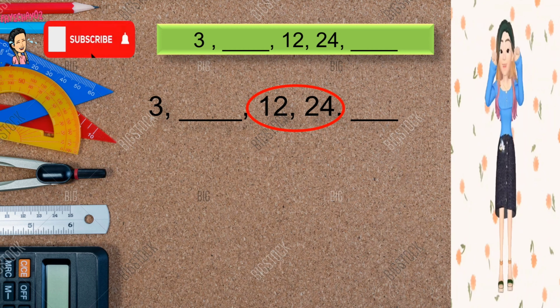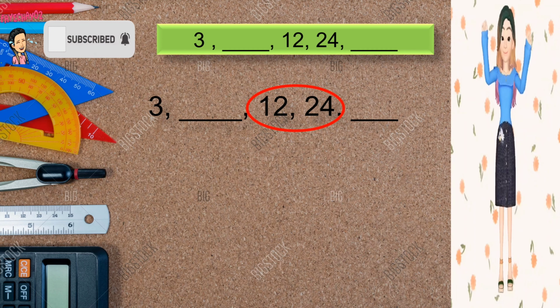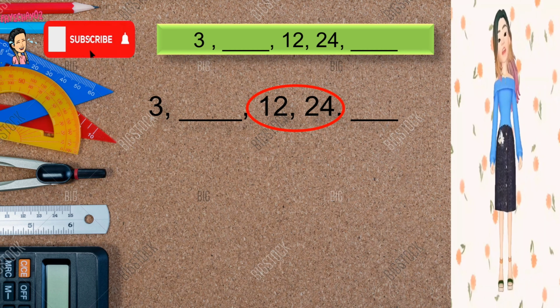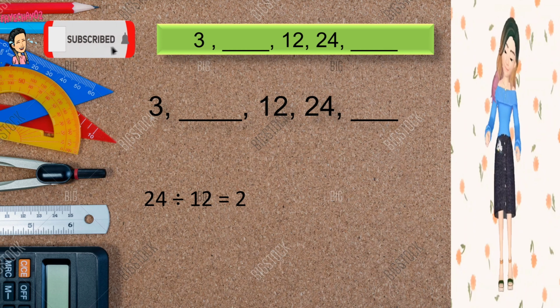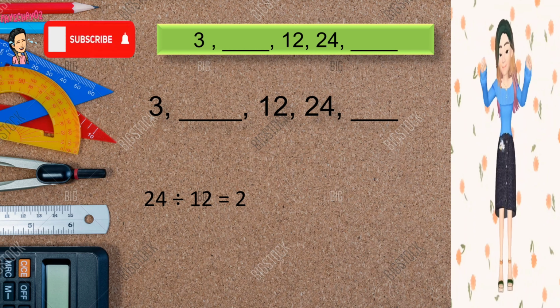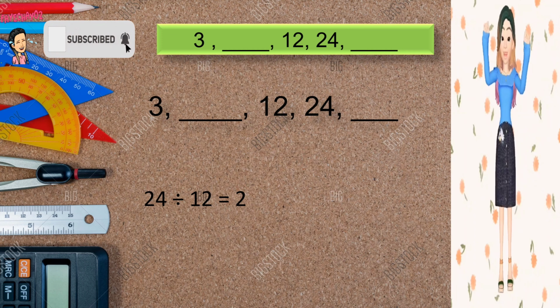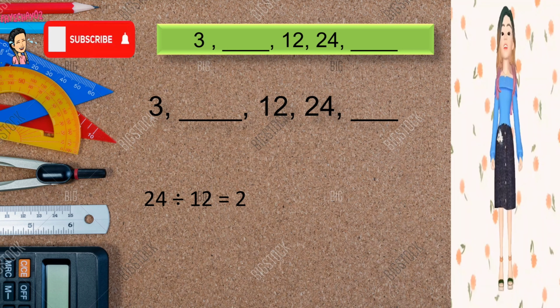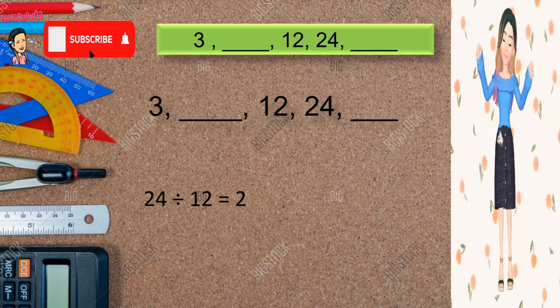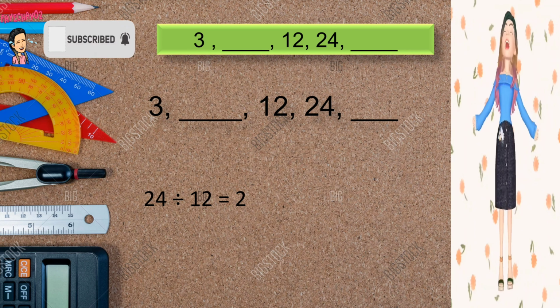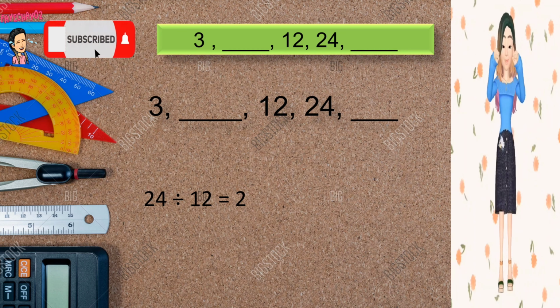So, hindi siya tutugma dito sa ating second term. So, let us try to divide. Divide the fourth term by the third term. So, we have 24 divided by 12 is equal to 2. So, try natin yung 2 na quotient.